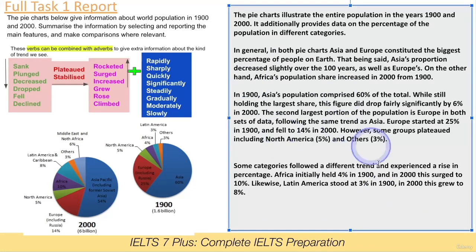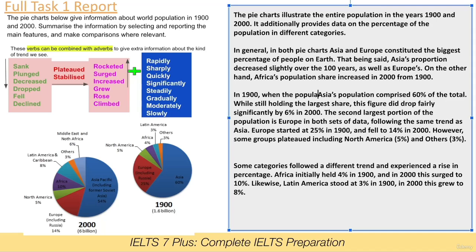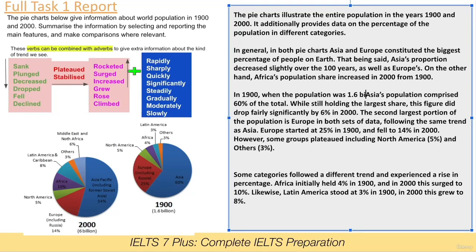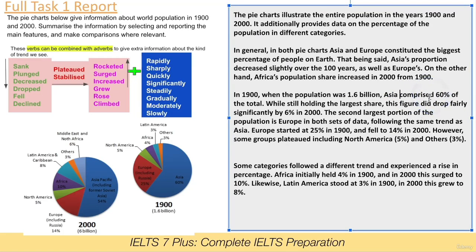Okay. I've just realized we should probably mention the amount of people in the world at these different points. We can just quickly add this on. So in 1900, maybe when the population was 1.6 billion, Asia comprised 60% of the total.